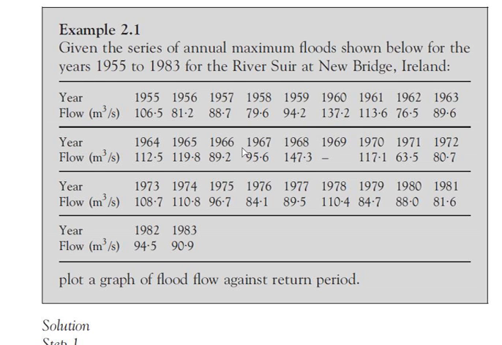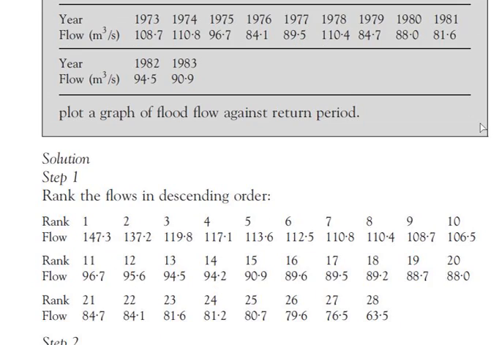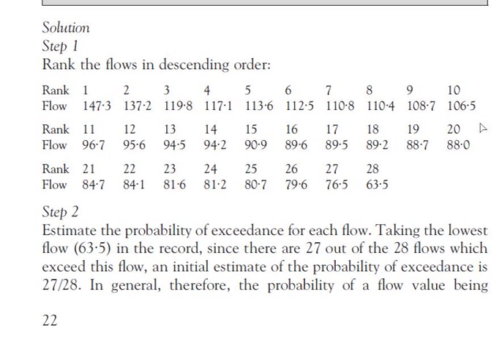Okay, so we have a set of data. We have the year in the top row, and then we have the flow data in the second row. And of course, there's significant variability from year to year. So the first thing to do with these data is to rank them in descending order.